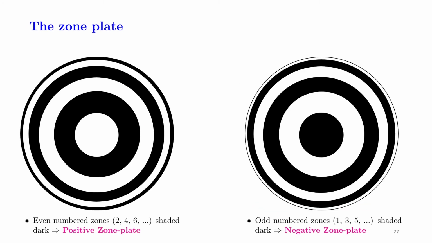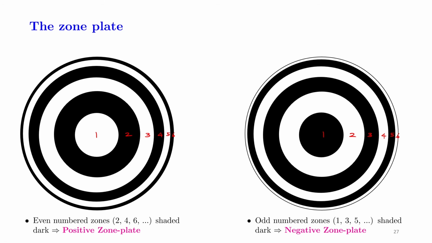In the next step, we will shade alternate concentric circles. So these are the various zones on the zone plate. This is zone 1, 2, 3, 4, 5 and 6.